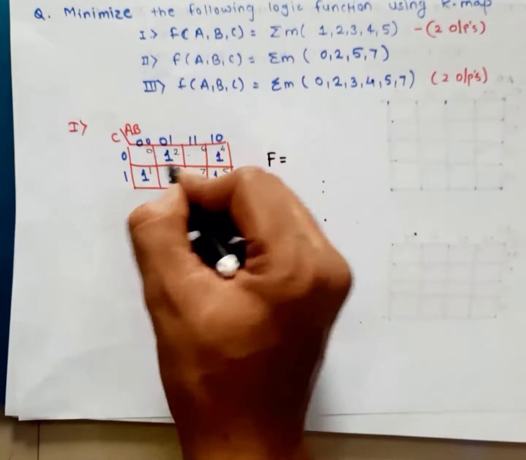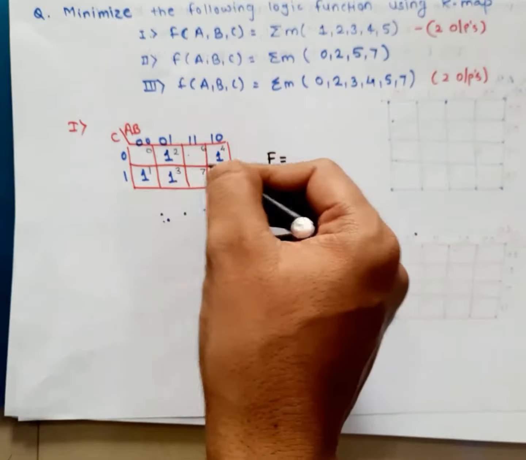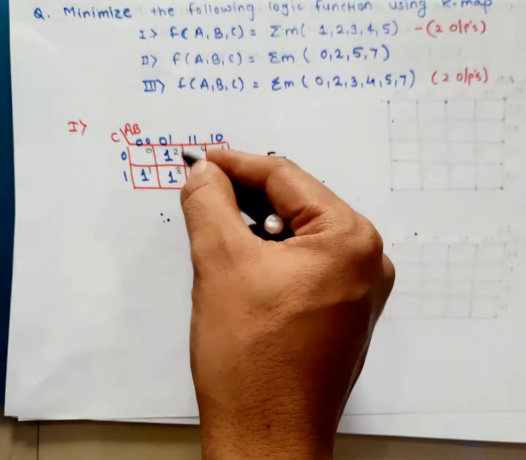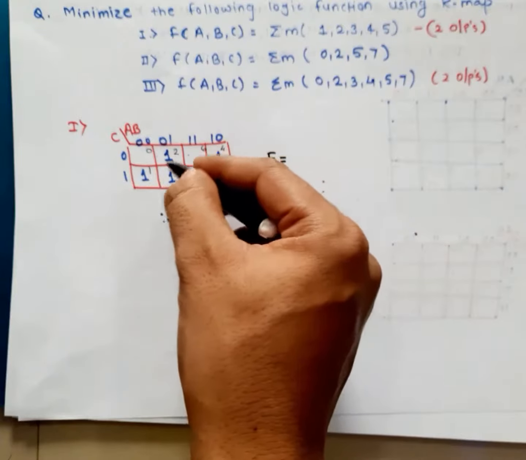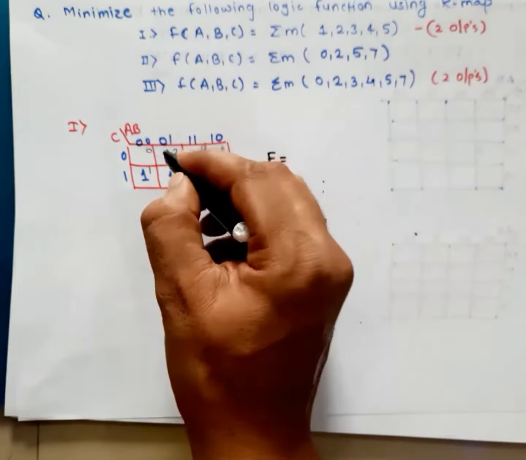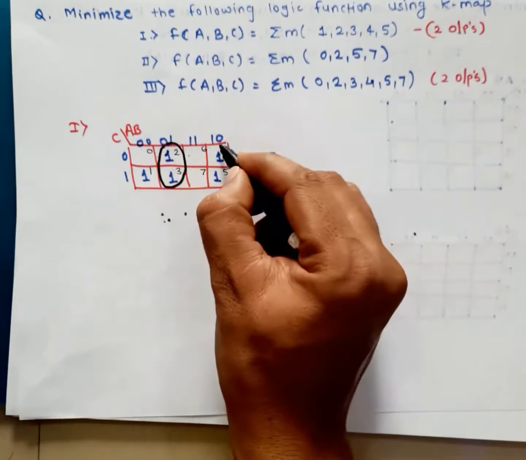Yes. See here, there are 5 minterms, or 5 cells which have high values, but no 4 adjacent cells are there, so we cannot make a group of 4 cells here. So easily we can make a group of 2 cells. Any other group of 2 cells? Yes.